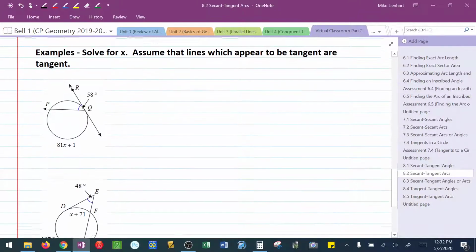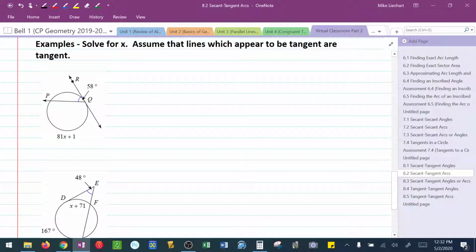Okay, so now they're going to throw variable expressions in here. Let's take a look at the first scenario. Here's the variable X. What I need to know here is this arc, and I need to know this angle right at Q. Well, I know that 180 minus 58 would be equal to 122, which would be that angle with the vertex on.